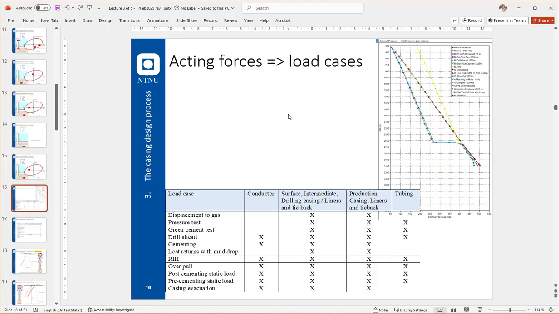For casings that are typically in the A annulus, production casing, with say a gas lift valve through into the tubing, in that case you will have an evacuation situation where on one side you have potentially a leak, so that the gas in the gas lift, the pressure is not sustained.